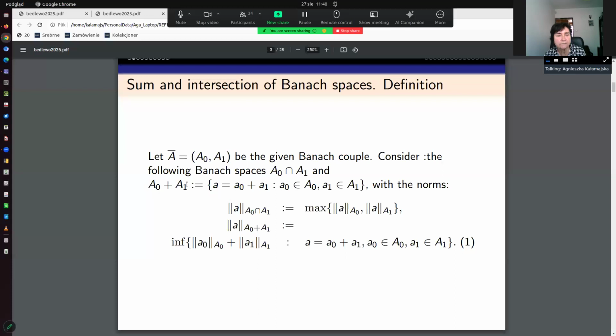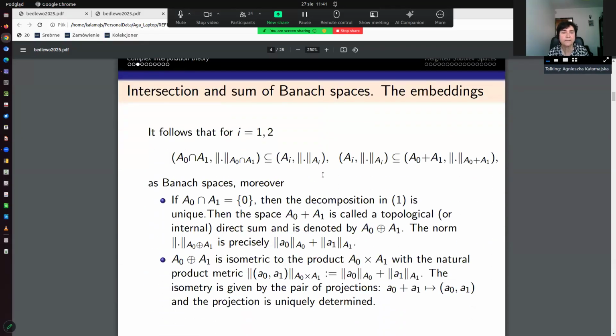And then I can also have A0 plus A1, which consists of all elements which are sums of elements a0 in A0 and a1 in A1. And as the norm, I take the infimum of all such sums of the norm of a0 in A0 plus the norm of a1 in A1, with respect to such decompositions of the element a. It appears that both these spaces are indeed Banach spaces, so we have another two Banach spaces.